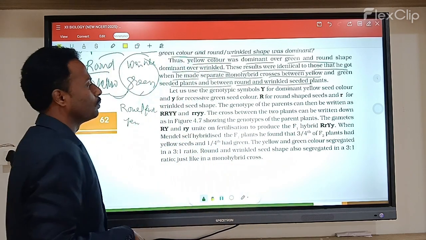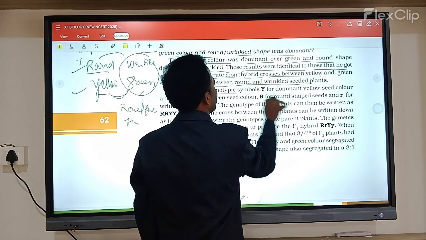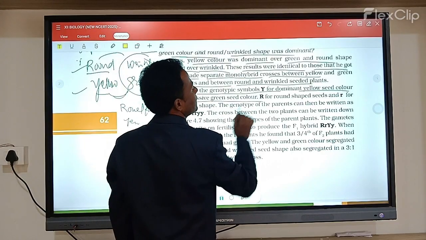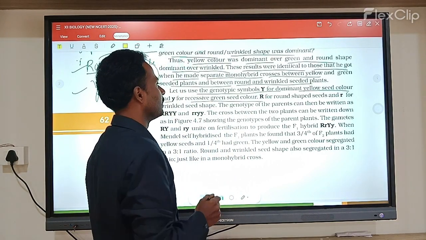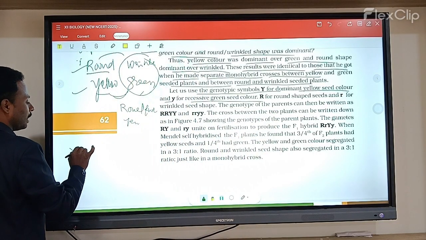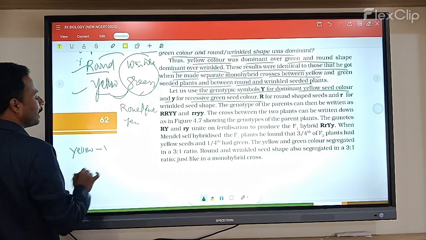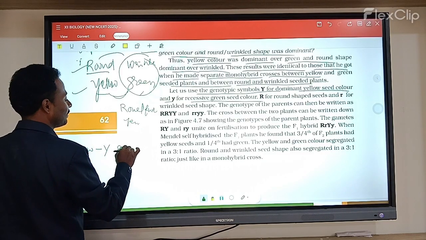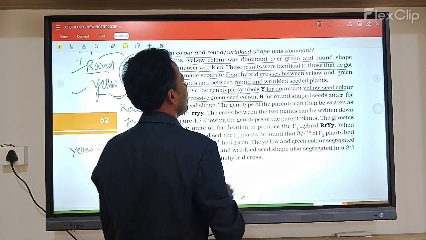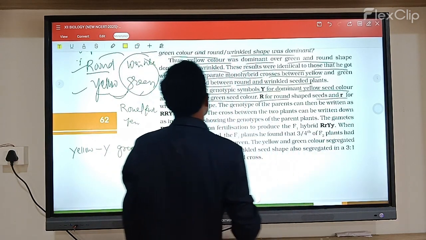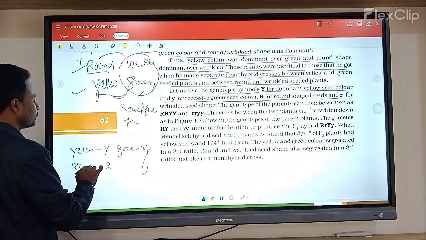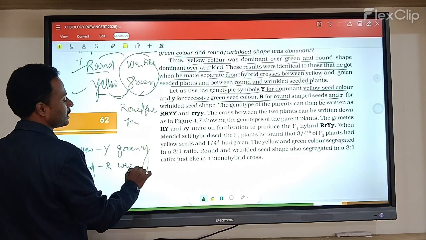When he crossed these characters, the genotypic symbols are capital Y for yellow seed color, small y for recessive green color, capital R for round shape, and small r for wrinkled.